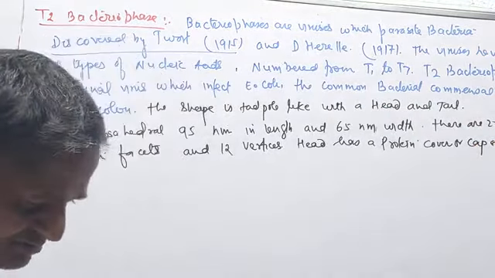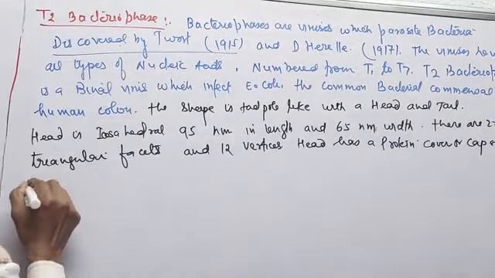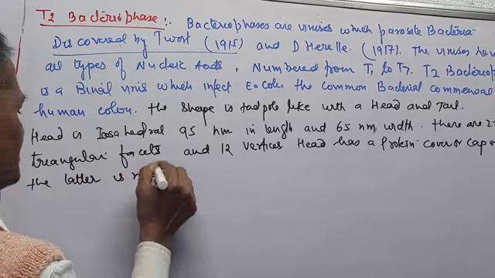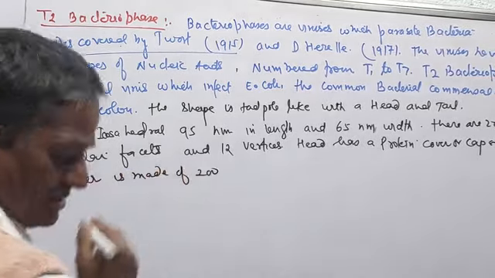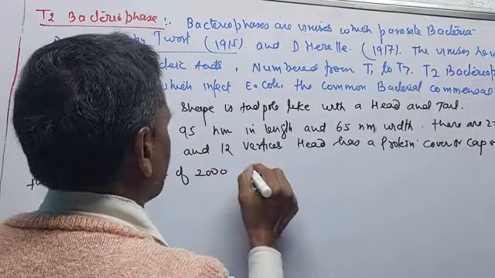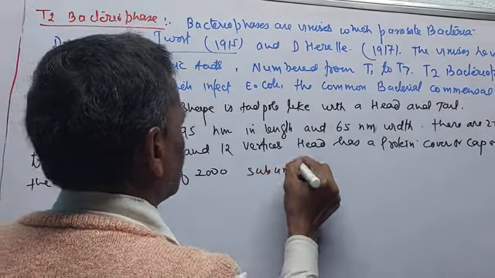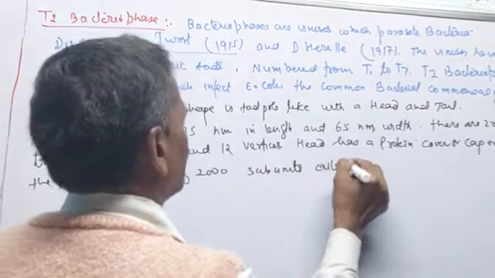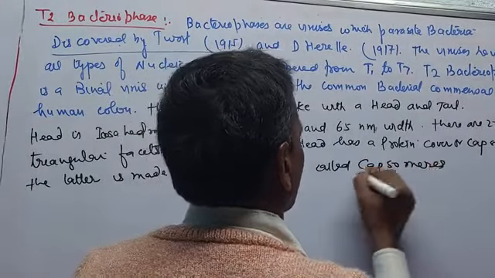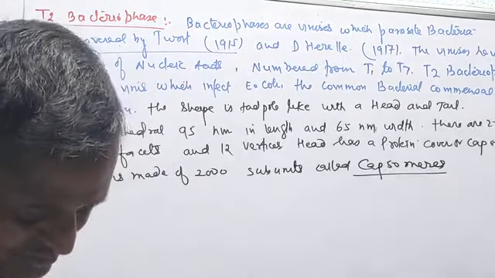The latter is made of 2000 subunits called capsomeres.